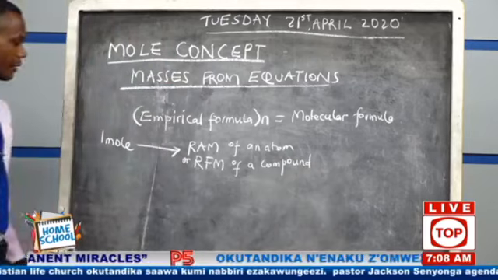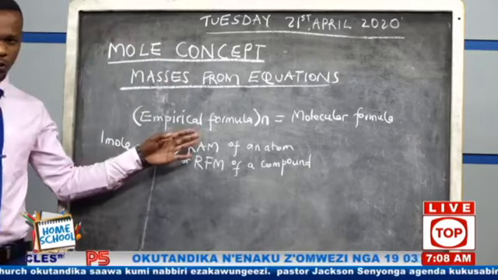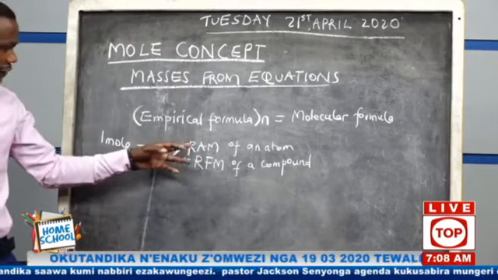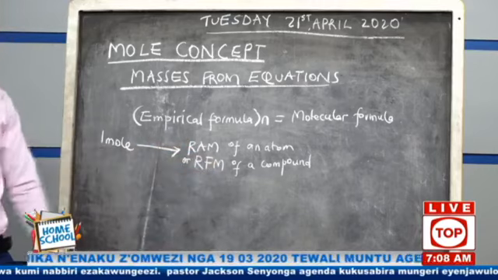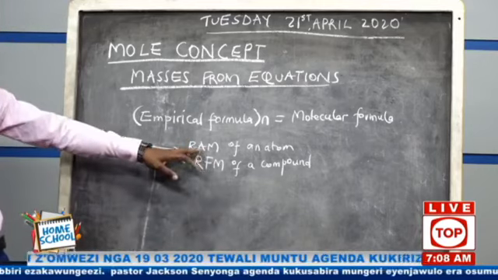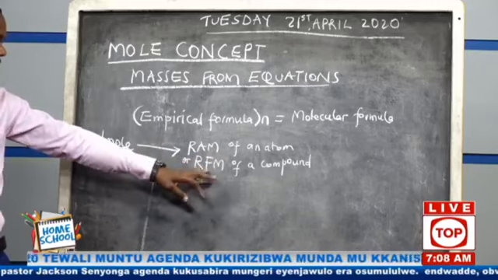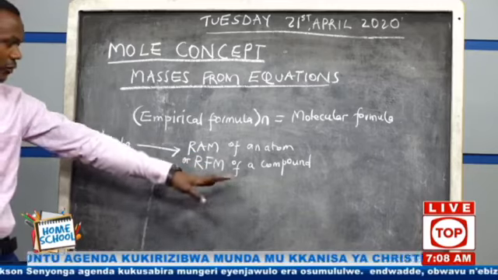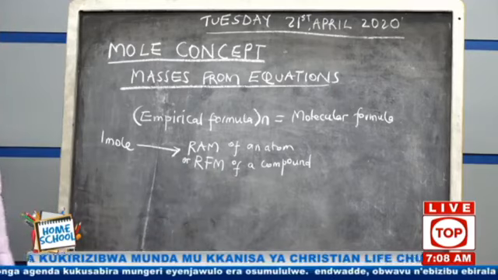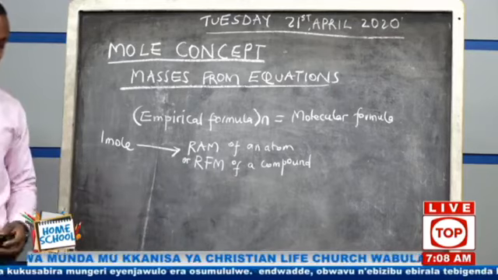If we don't look at the relative atomic mass of an atom, we can look at the relative formula mass or relative molecular mass of a compound. That means if it is not an atom, we are going to be dealing with a compound, okay?